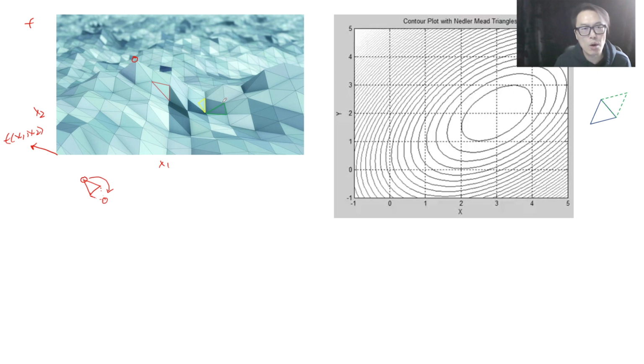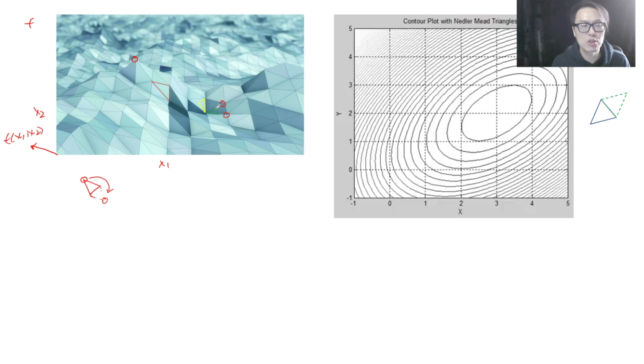So what we are going to do is to bring these two points closer to the best solution, because we are talking about minimization. So this is another option for us to reduce the size of the triangle so that it brings all the vertices closer to the local minimum. Okay. So this is the fourth movement I just showed you.